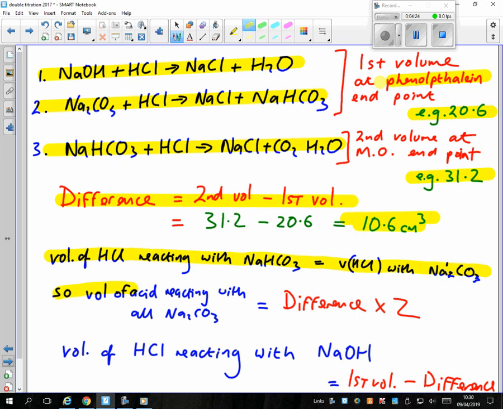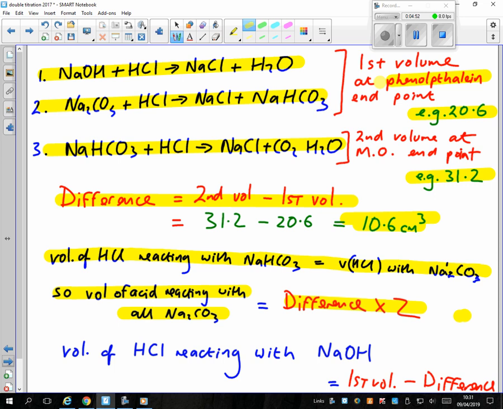So the volume of acid reacting with all of the sodium carbonate is this difference times 2. I don't really care if you've understood what I've said so far. Hopefully you have, but if you don't, just remember that: if you want to find the HCl reacting with the sodium carbonate, it's the difference times 2. Learn it. Parrot fashion.